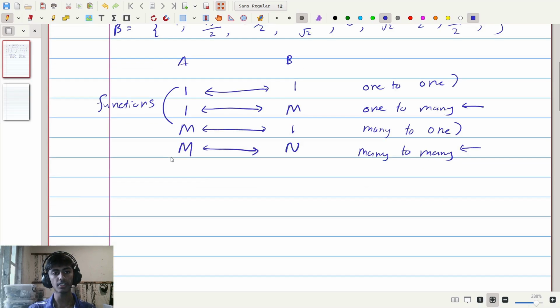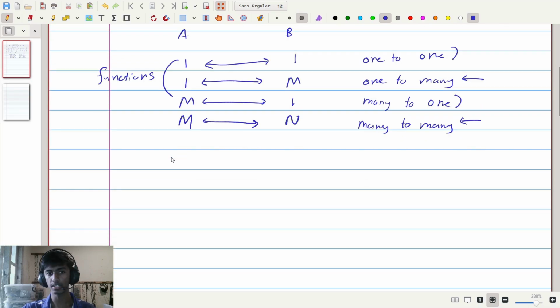So what this means is that a function, in the classical sense, is an object that maps one input from A into only one output in B. Only one. So that's the important part here. So a function can be either 1 to 1 or many to 1. It cannot be anything to many. That will not work, because that would mean that there are multiple answers for a single question.